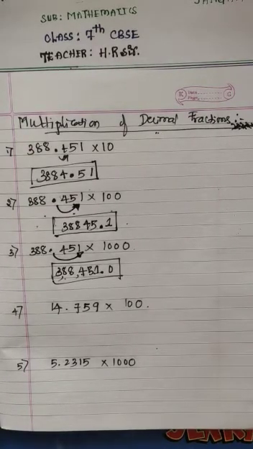Till now we have discussed that when we multiply a decimal number by 10 or a power of 10, the product is obtained simply by shifting the decimal point to the right by as many places as the number of zeros in the multiplier after 1. In the first example, 388.451 into 10, we get 3884.51, shifting the decimal point one place to the right. In the second example, multiplying by 100 gives 38,845.1, shifting two places to the right.